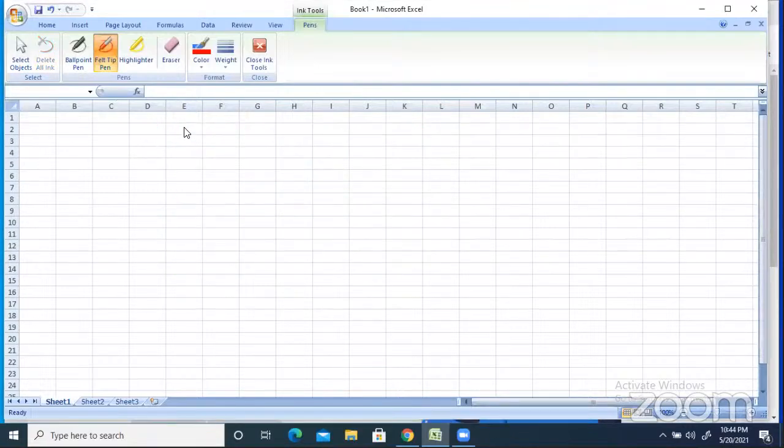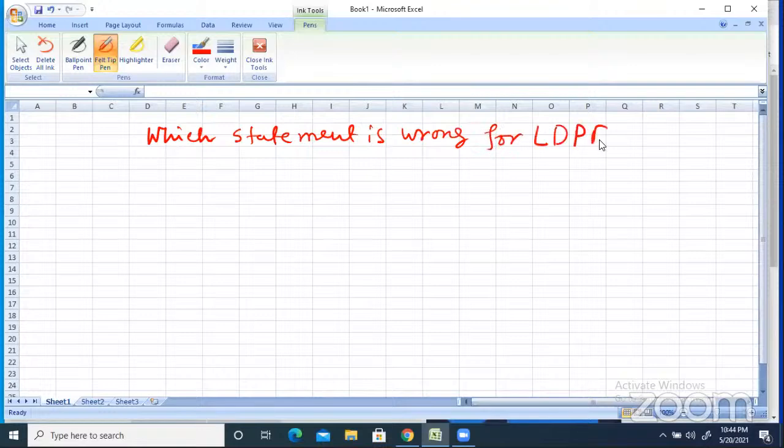Next one. Which statement is wrong for LDP? I think packaging is a very vast chapter.